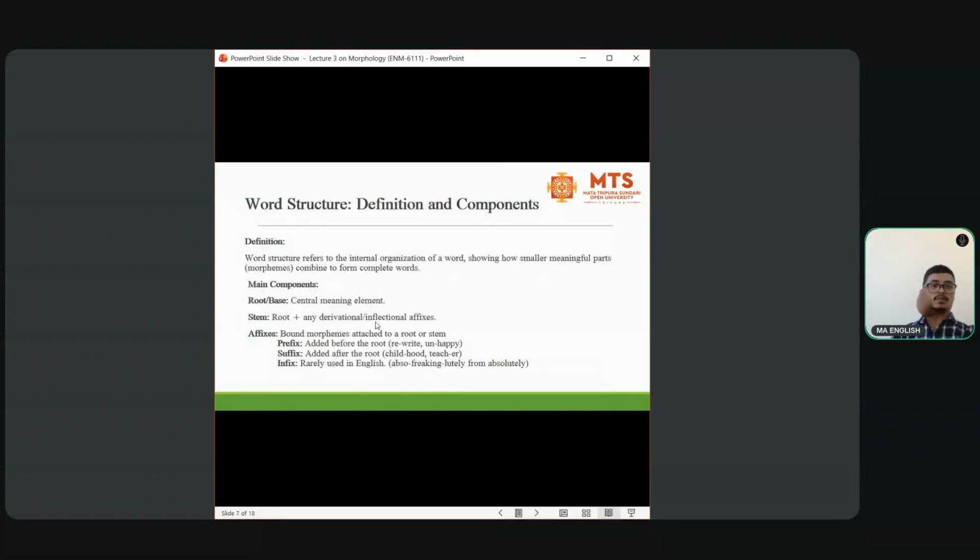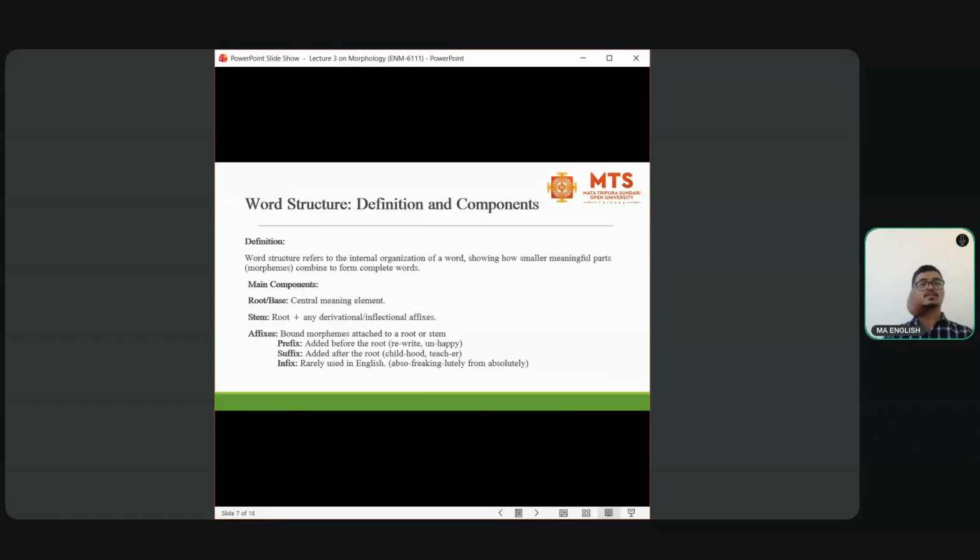Now, when we talk about the structure of words, we are asking how a word is organized, right? So a word usually has 3 types of parts. Let me explain. First, root or base.